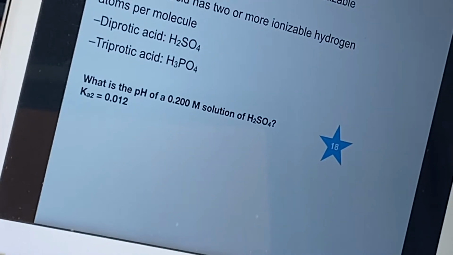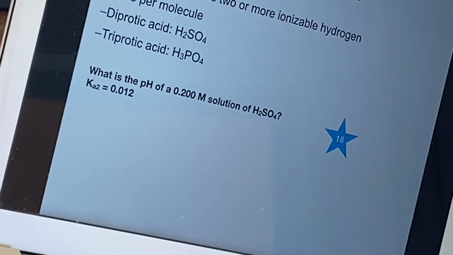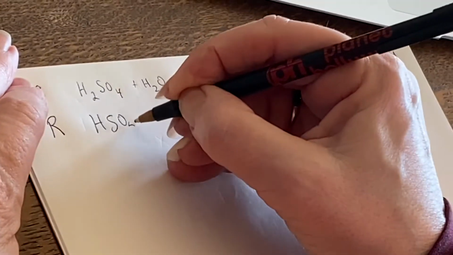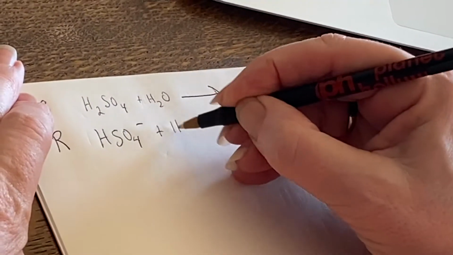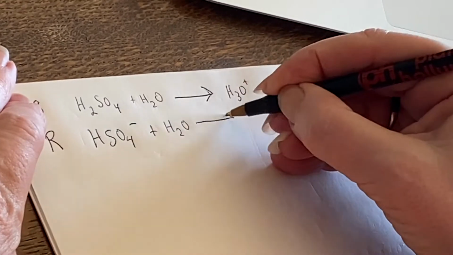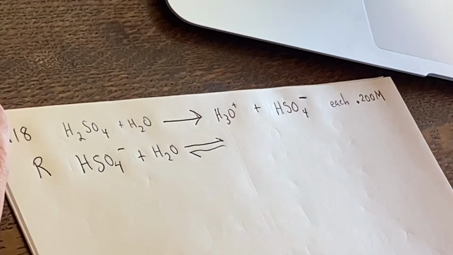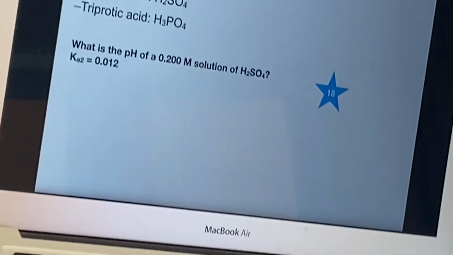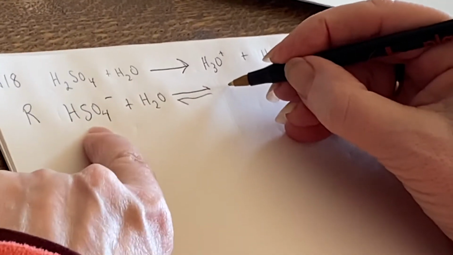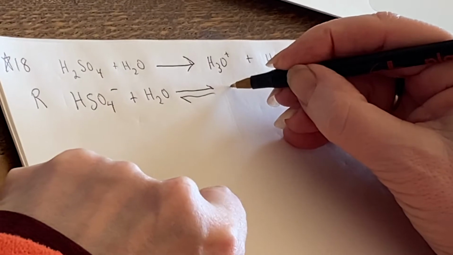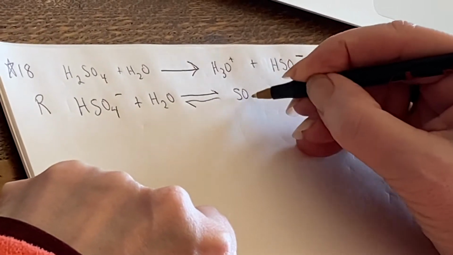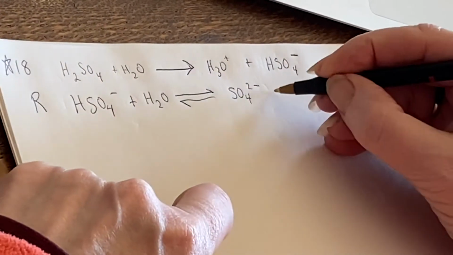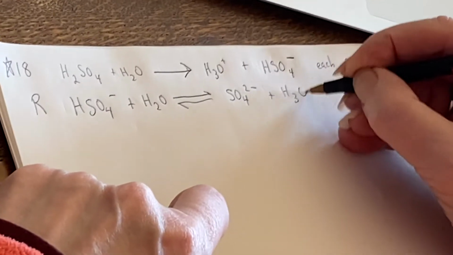So the second one comes off. HSO4 minus with some more water is going to form an equilibrium because, you know, it's not like a million, right? It is going to then have lost the other hydrogen, so it's going to form sulfate ions and more hydronium.